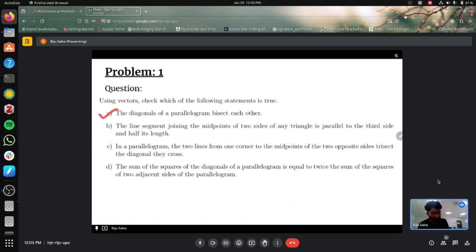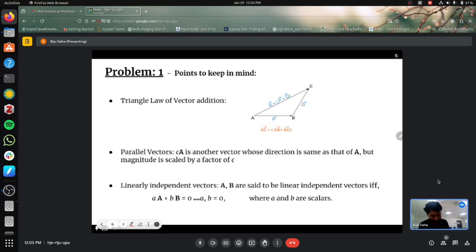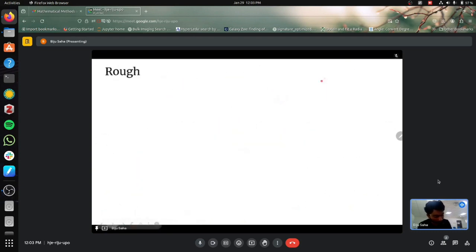Now I will repeat a similar kind of calculation for the second option. So let's proceed with that. In this statement, what we have to look for is a triangle. So let's say this is a triangle.